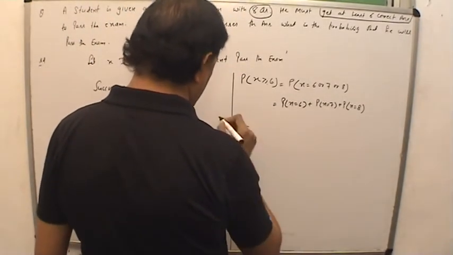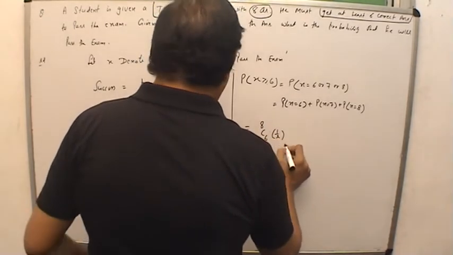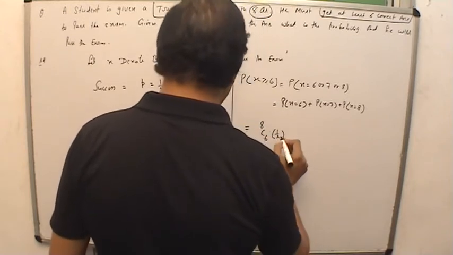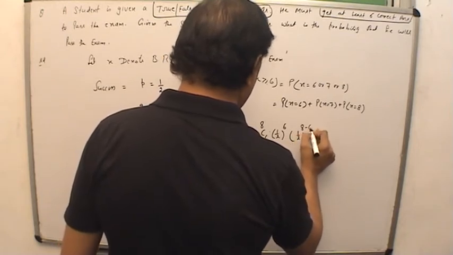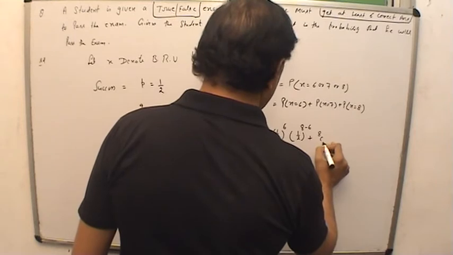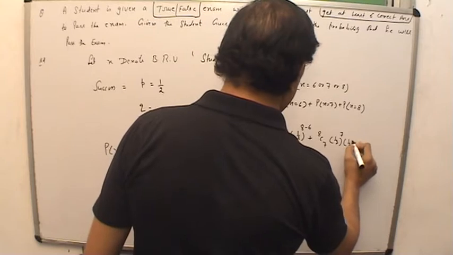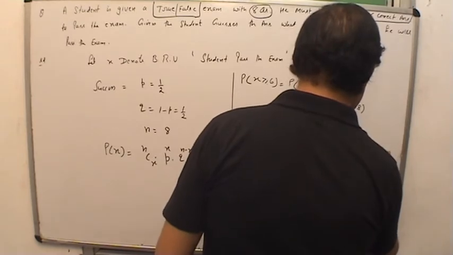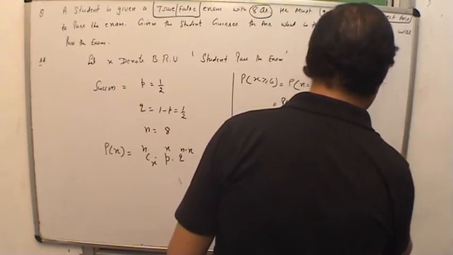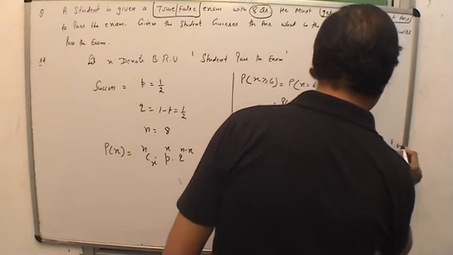then this is 8C6 into 1 by 2 raised to the power 6 into 1 by 2 raised to the power 8 minus 6, plus 8C7 into 1 by 2 raised to the power 7 into 1 by 2 raised to the power 8 minus 7, plus 8C8 into 1 by 2 raised to the power 8 into Q raised to the power 8 minus 8.